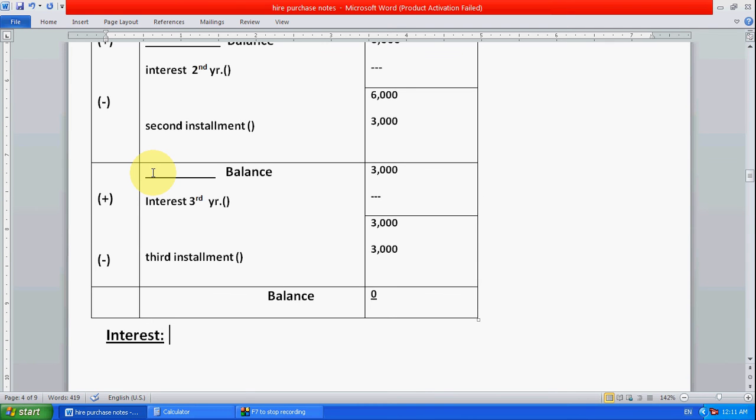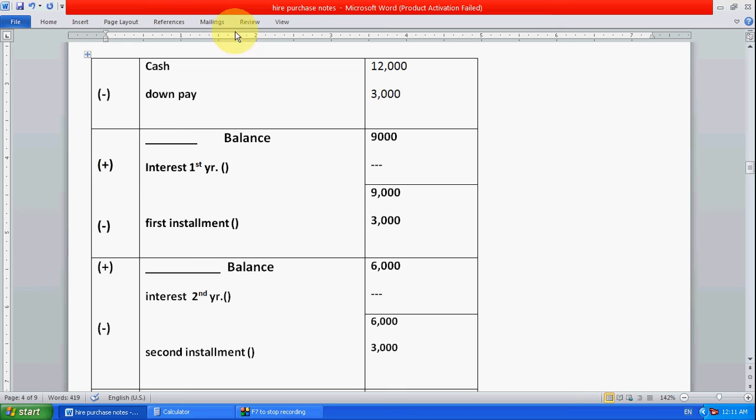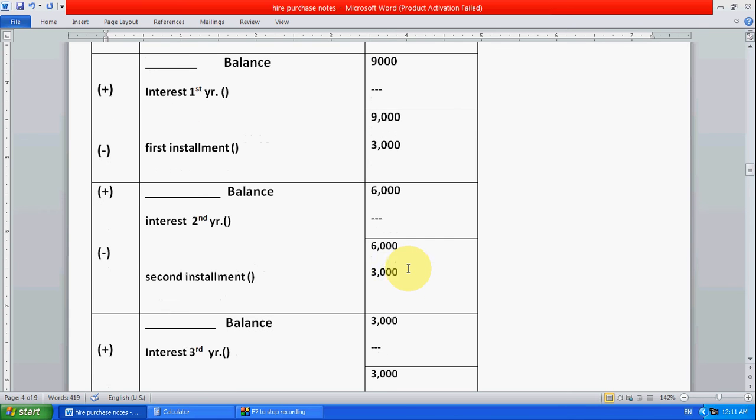We have to divide it. Check after paying the down payment how much was the amount. The amount was 9,000. After paying the first installment 6,000. After paying again 3,000.